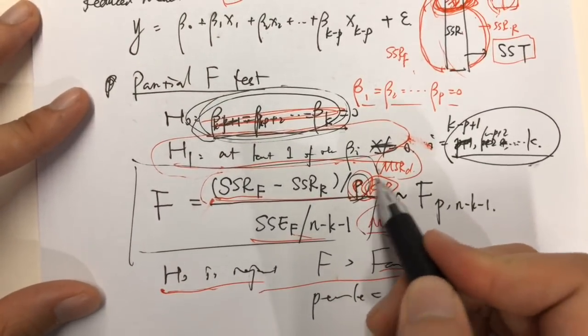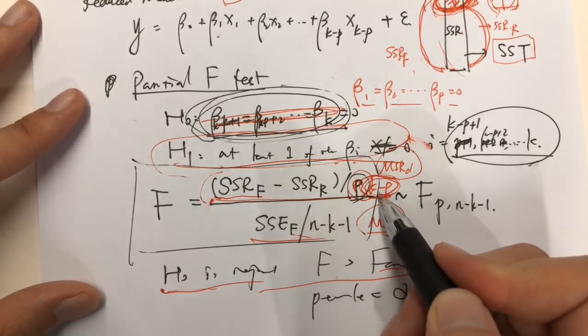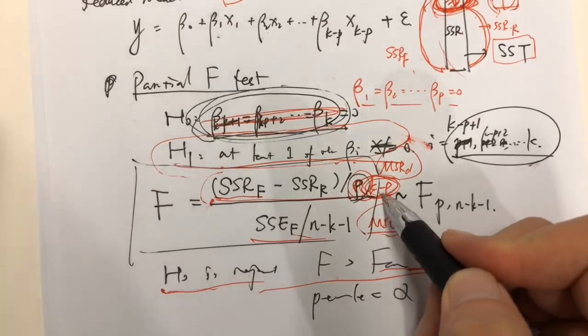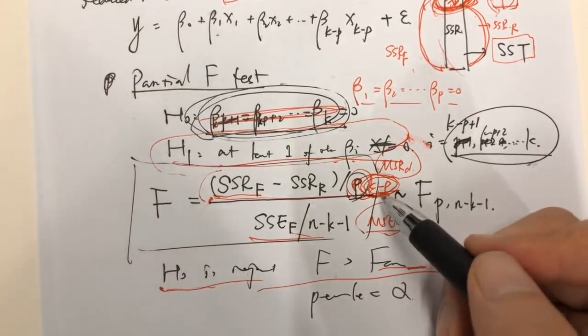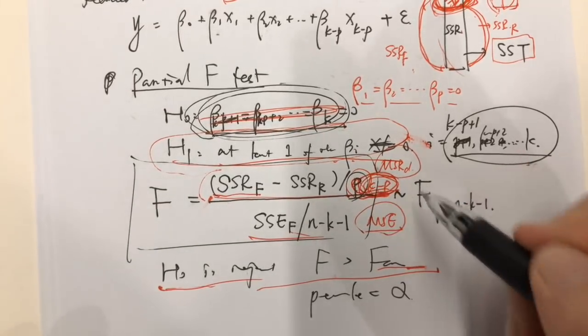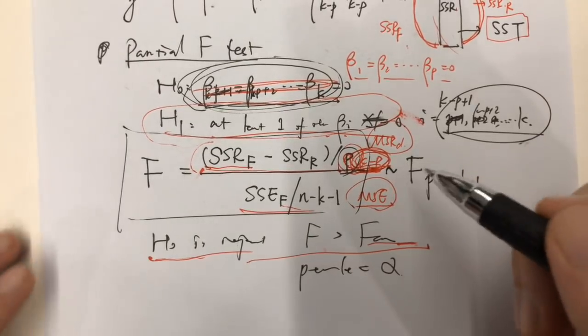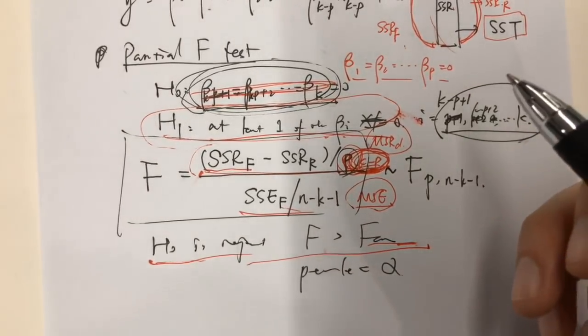It means how many independent variables we removed from the model. So it doesn't matter what letters we use in this test, okay? It's all about what it means. So in your cheat sheet, if you know what it means, it doesn't really matter, okay?